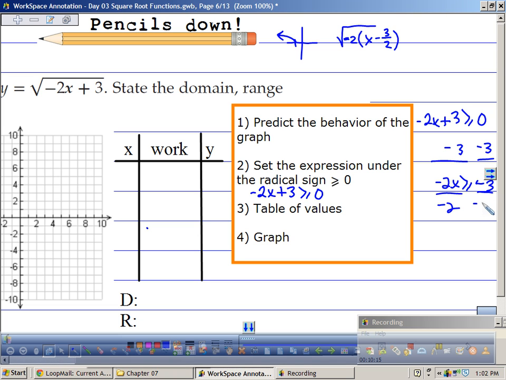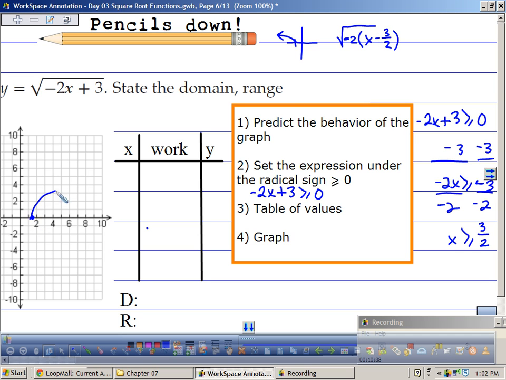Divide by negative 2. Let's pretend I didn't hear that. x is greater than or equal to positive 3 halves. So I'm going to go to positive 3 halves, right? This should have been positive. Negative, no, it's right, positive.